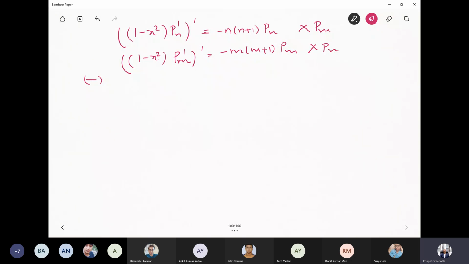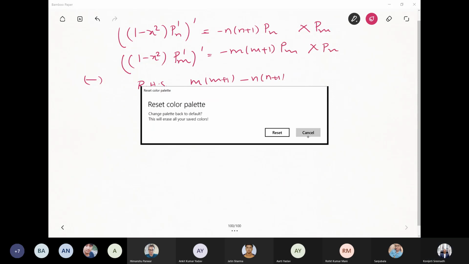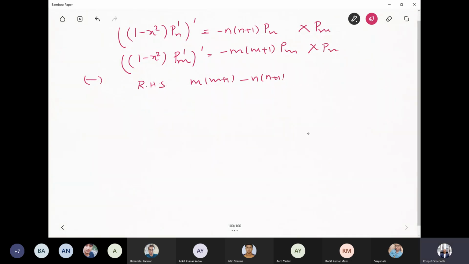On the right hand side, you have m into m plus 1 minus n into n plus 1, into Pn into Pm. You can also integrate from minus 1 to 1.